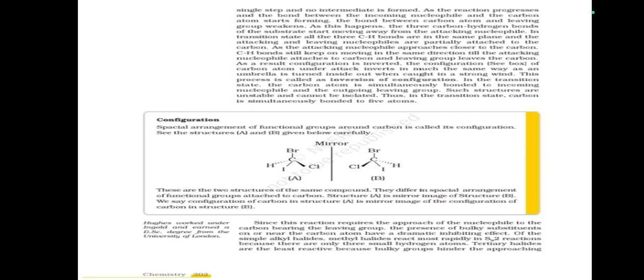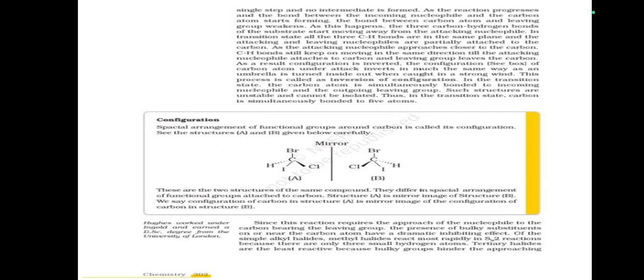This happens as the three carbon-hydrogen bonds of the substrate start moving away from the attacking nucleophile in the transition state. All three C-H bonds are in the same plane, and the attacking and leaving nucleophiles are partially attached to the carbon.